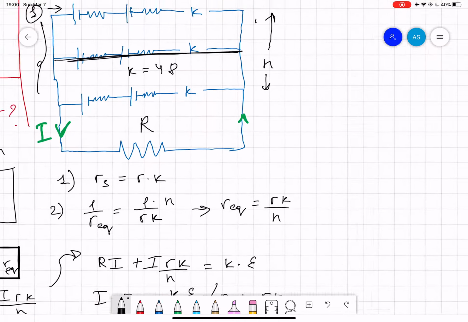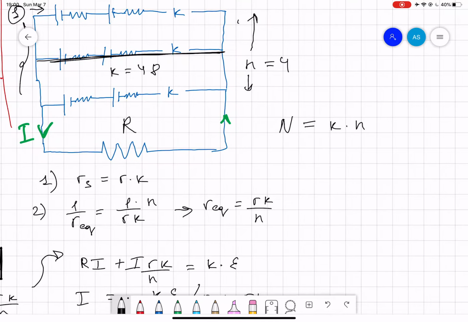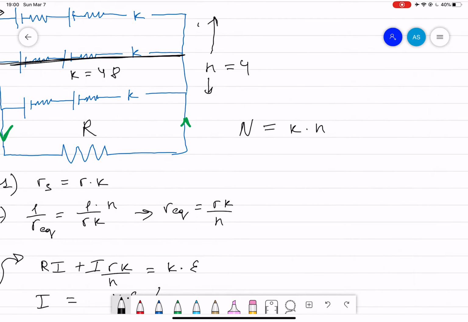So the number of rows is equal to 4. Now we have K and N. In order to find the total number of battery cells, you just have to multiply K and N: 48 multiplied by 4. How much will we get? 48 times 4 is 192. So we have 192 battery cells. Okay, that's the answer.